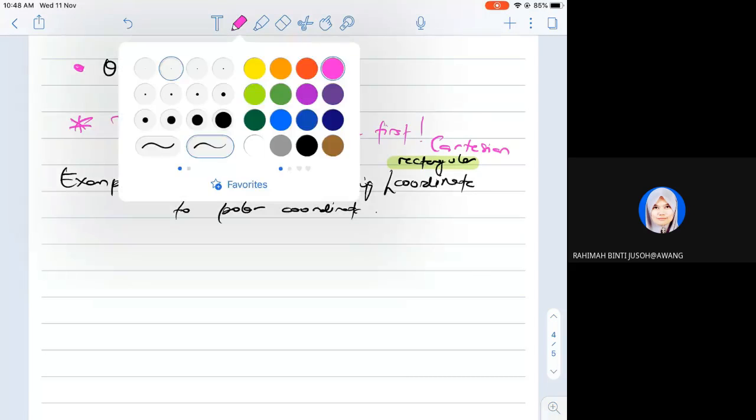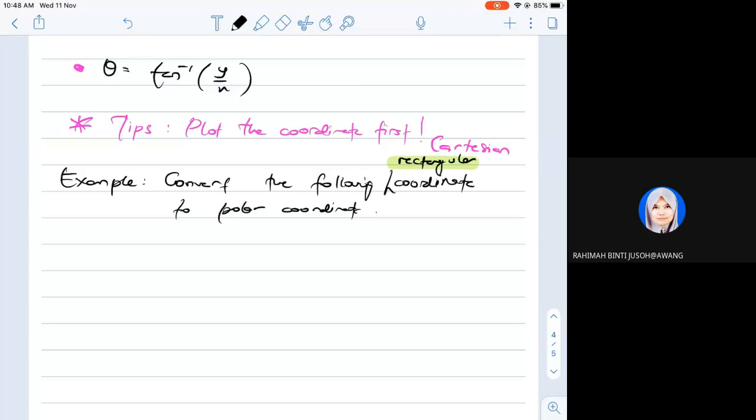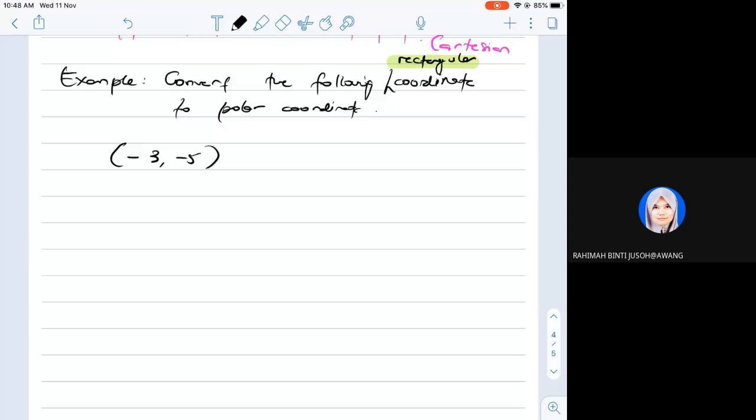because let's say you have this coordinate. Negative 3 and negative 5. Okay, negative 3 and negative 5. So, solution, plot first. First, plot the point -3, -5.